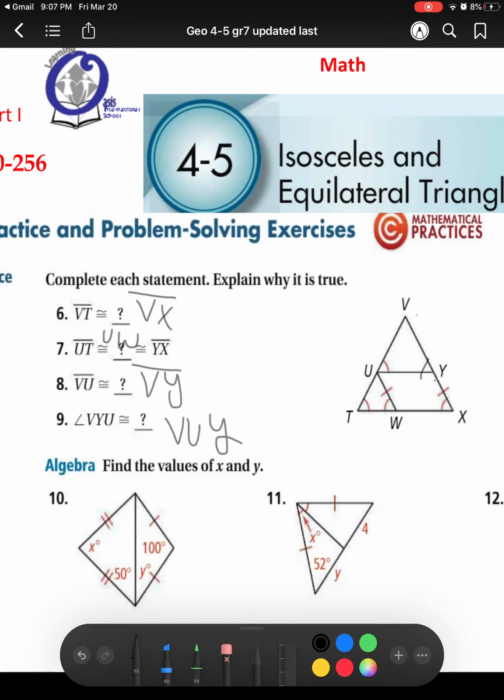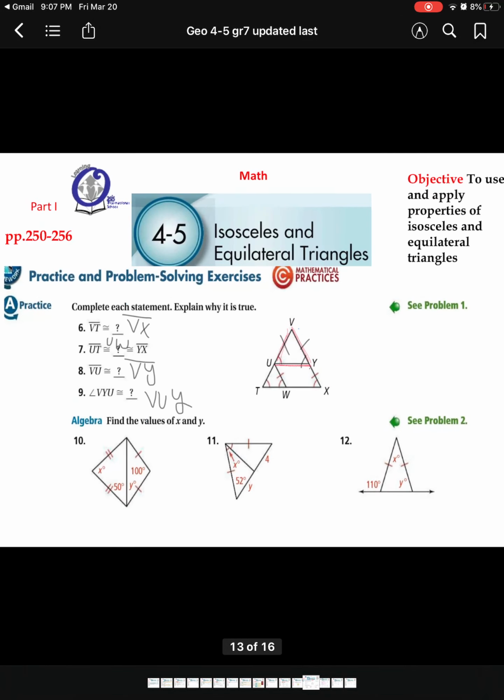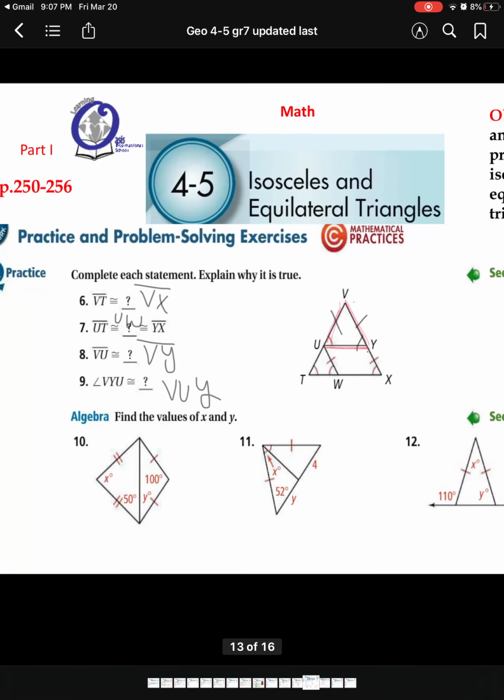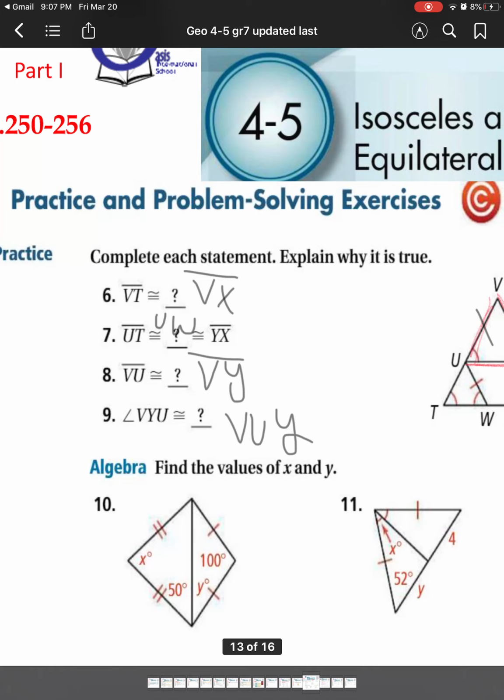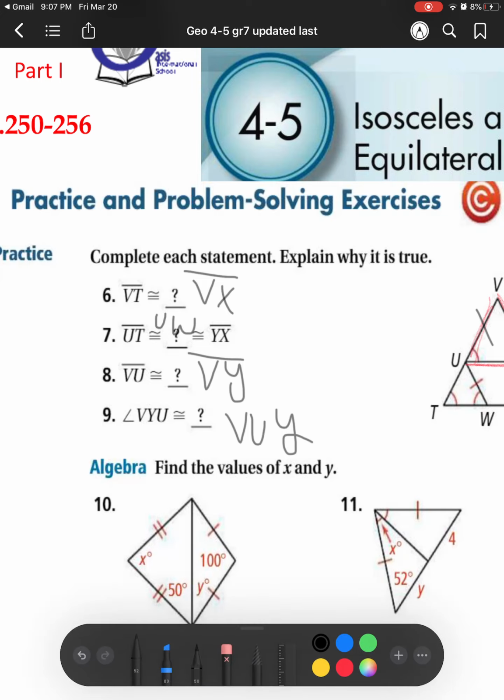Let's solve one question from the algebra. Here, question number 10. He gives me that the two sides in here are congruent. Okay, this means that it is isosceles. So if one of the base angles is 50, this angle in here is 50 as well.